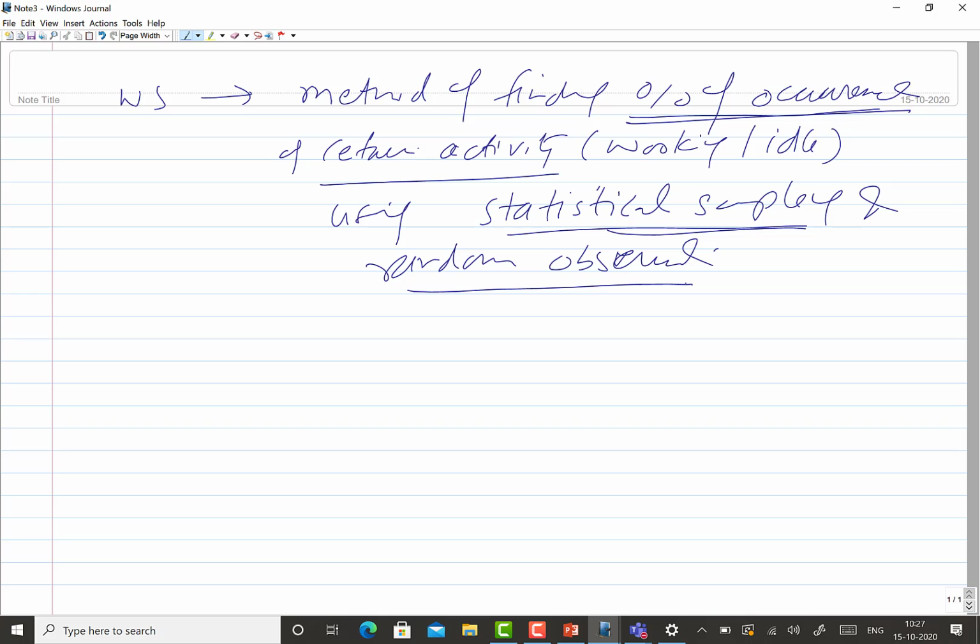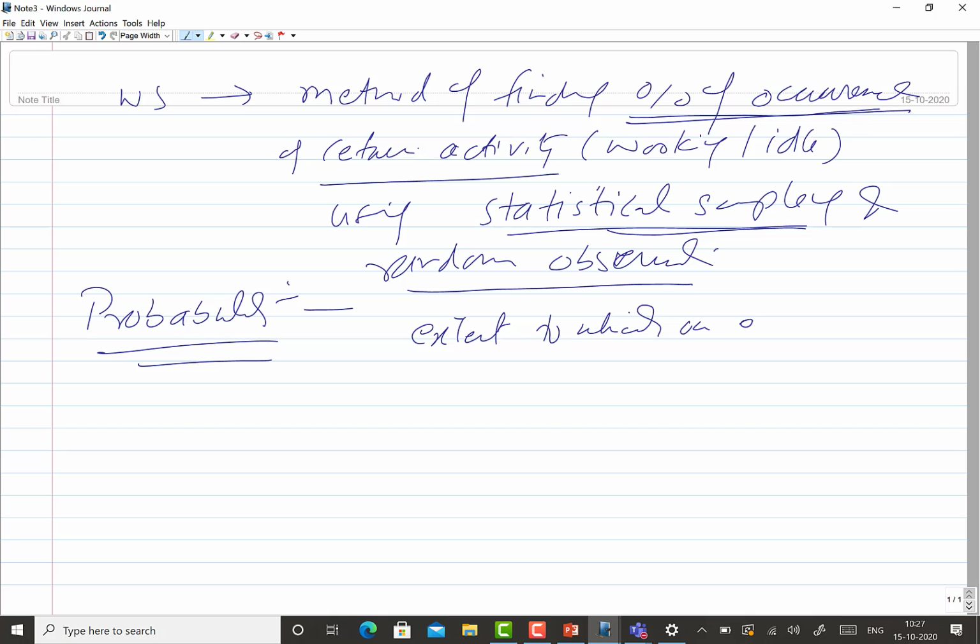Since it is based on the principle of probability, it gives us the extent to which an event is likely to occur. For example, we may have an estimate of 10% idleness or 90% of the time the system is working, but what is the degree of confidence in this observation?